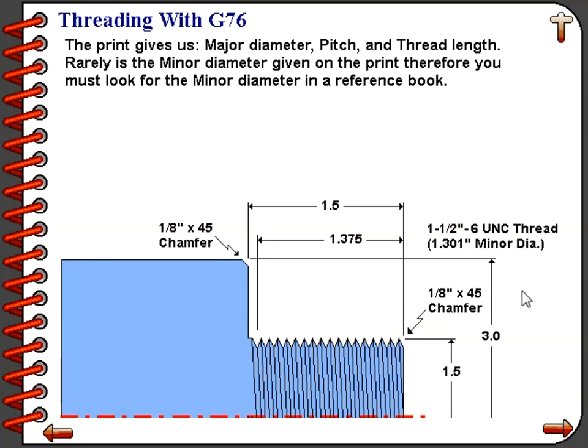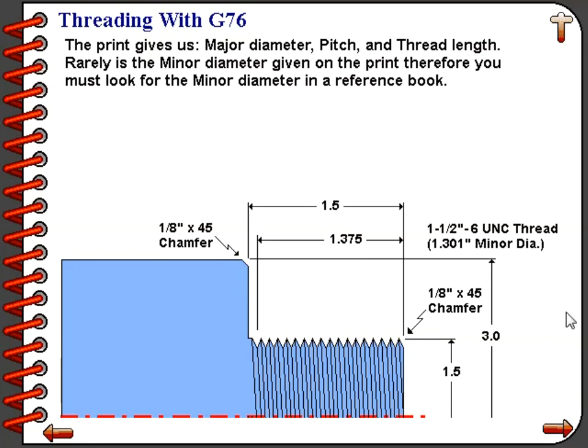The pitch of the thread is the -6 part of the thread designation. That 6 means there are 6 threads per inch. In the United States, we always specify a thread pitch on a blueprint as telling us how many threads per inch the thread has. The thread length is shown on the blueprint as a 1.375 dimension.